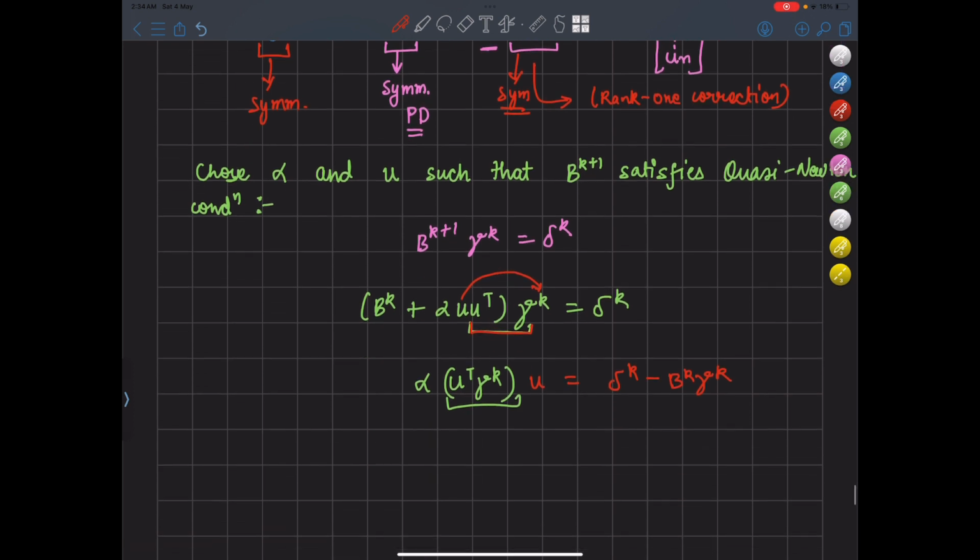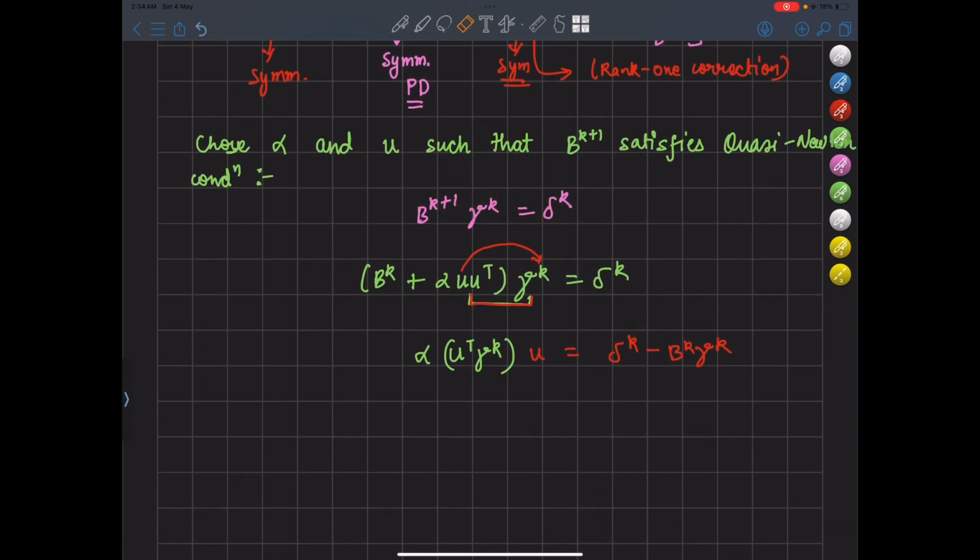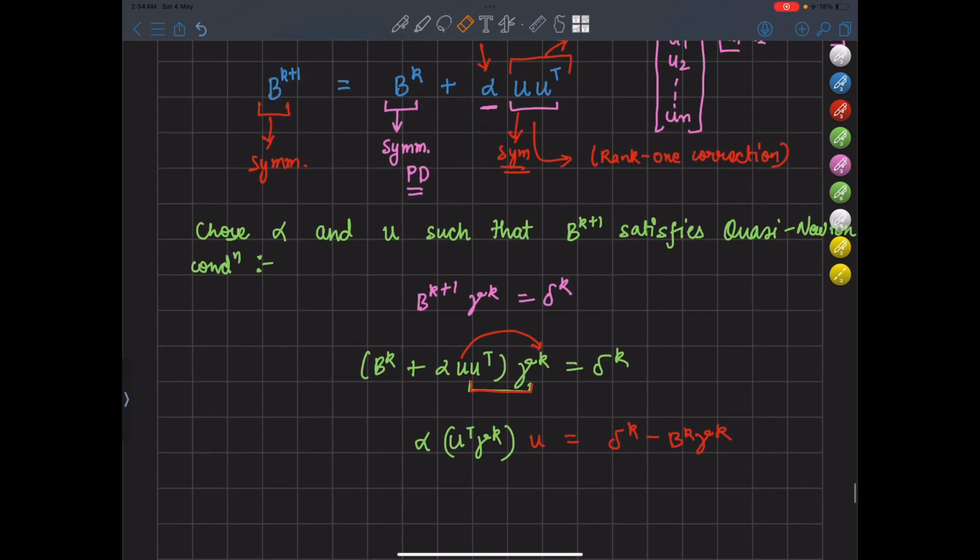So basically we need to choose u and alpha in such a way that this equation is followed. Because this is one equation and we have several variables, we can choose it in many ways.